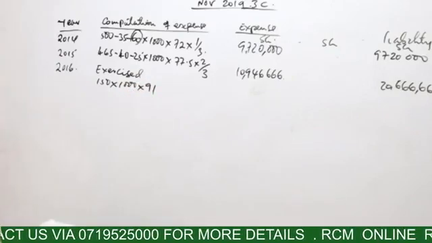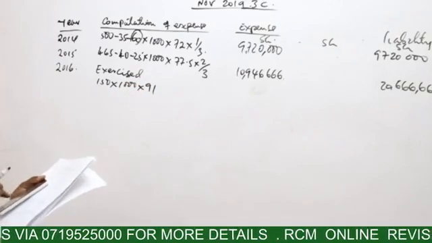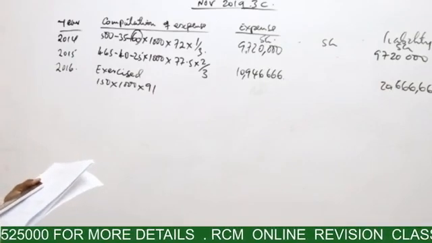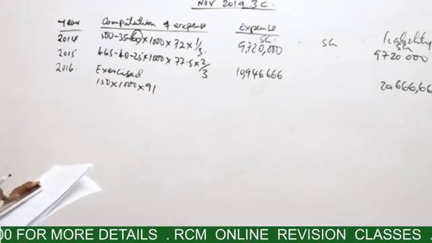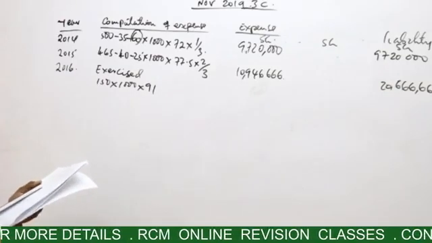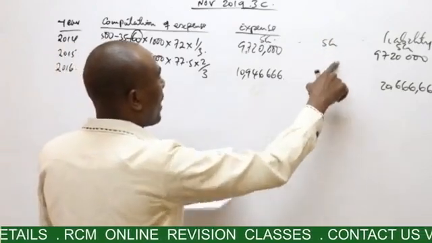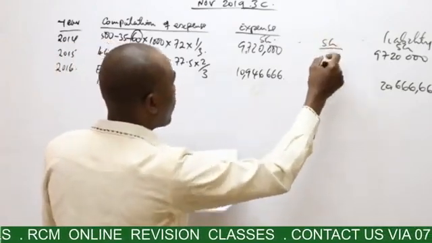So it will be 150 times 1,000 times 91. You put it in the second column here. I requested that you put another column there.